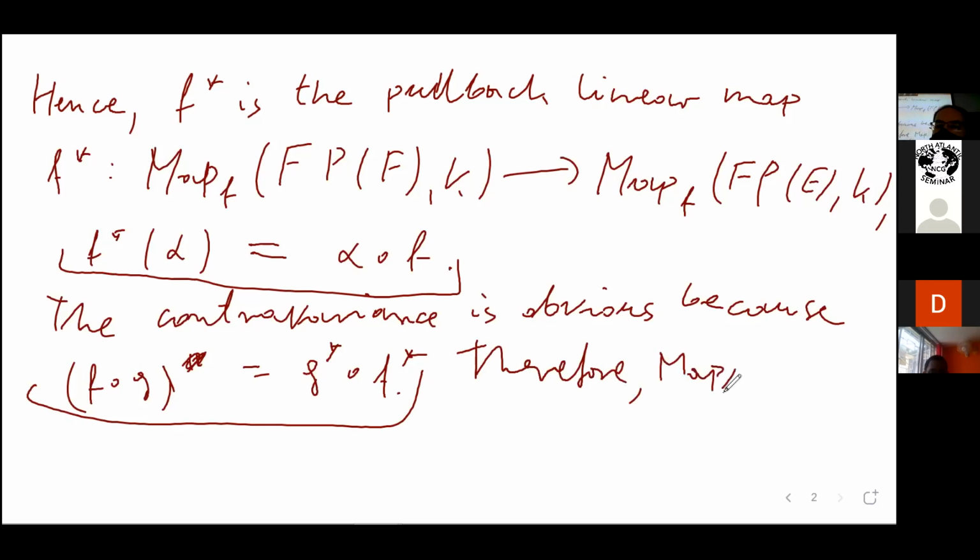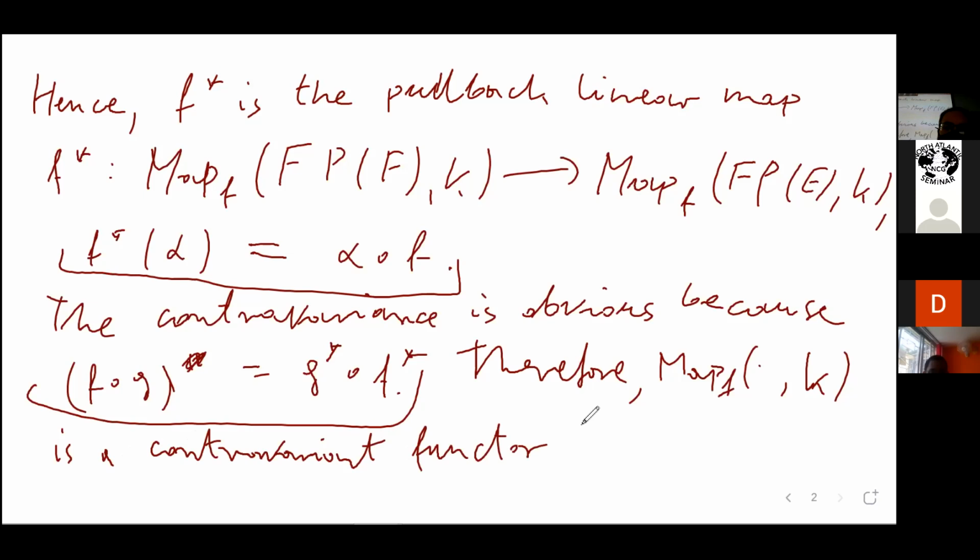So therefore, the map F is a contravariant functor to the category of vector spaces.